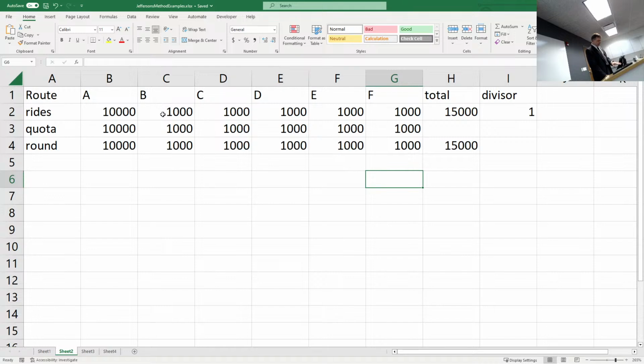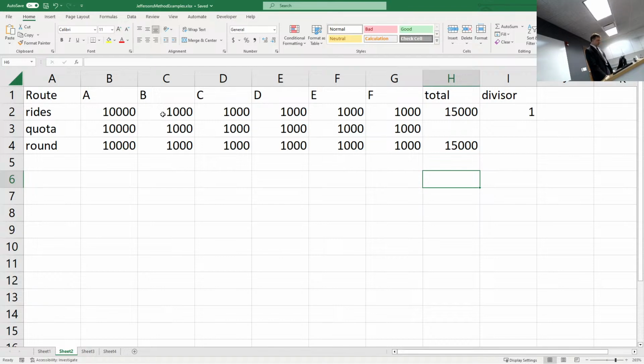I need 15 times 3, 45. Yeah, I think 45.